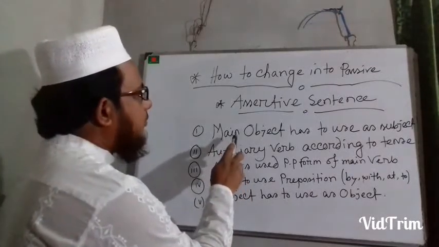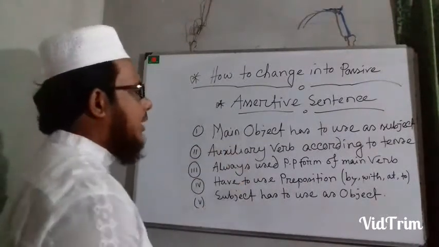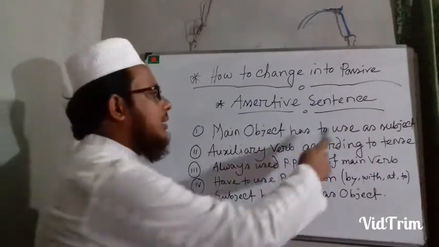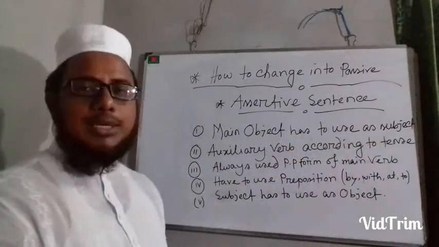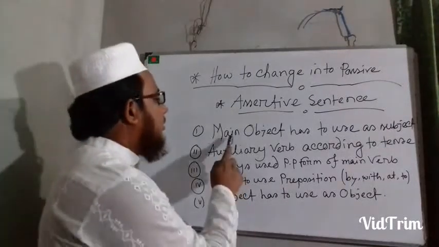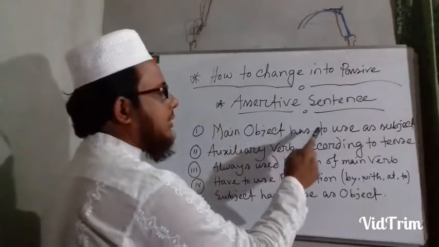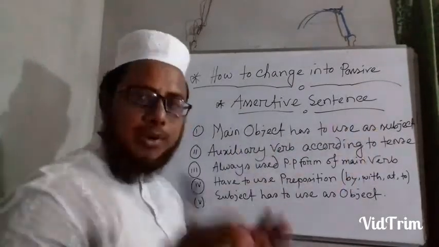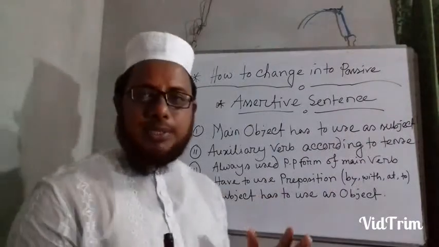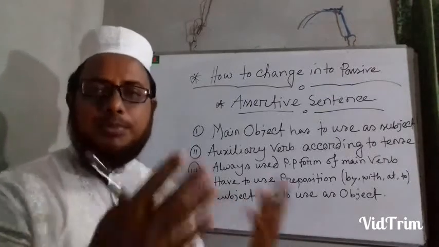At first we have to use the main object as a subject of passive voice. The main object of active voice is used as the subject of passive voice.